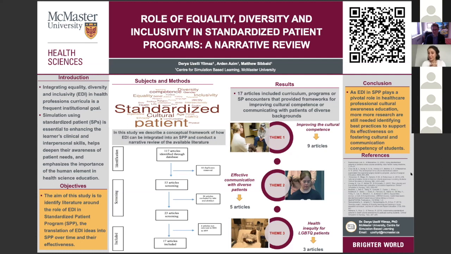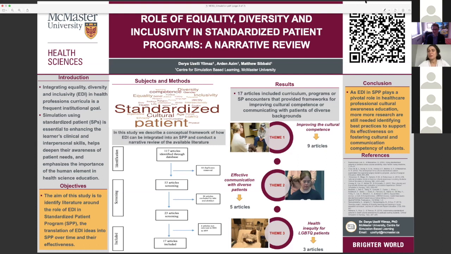The SP programs may facilitate and train the SPs to portray patients from diverse backgrounds, but we need faculty development and also community collaborating.